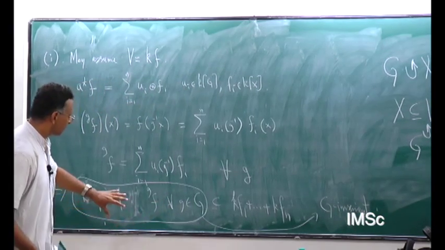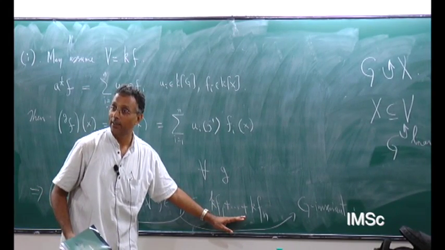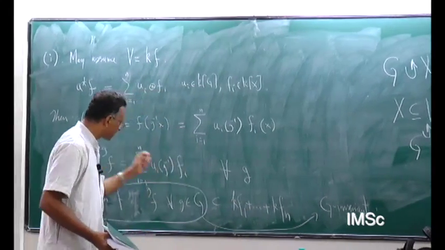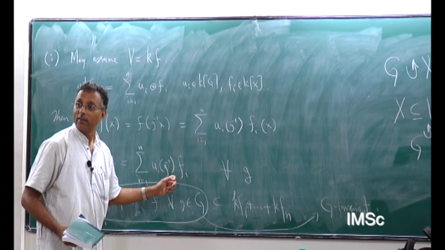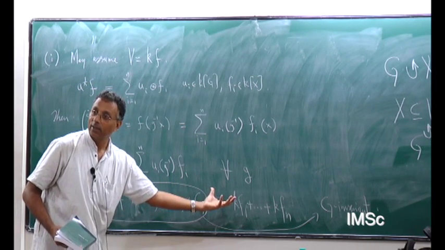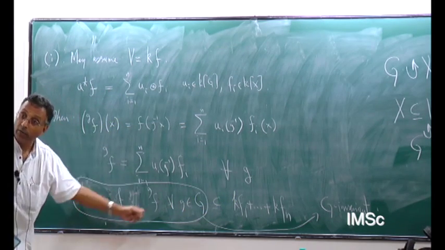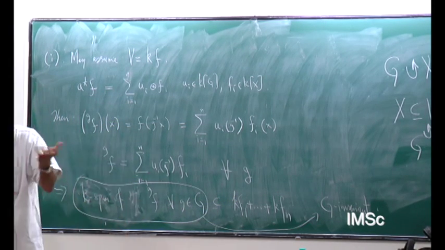So the point is, I'm not claiming that this finite dimensional space is G invariant. I didn't say that. The point is, all translates of F are contained in this finite dimensional space, and the span of all translates is by definition G invariant.